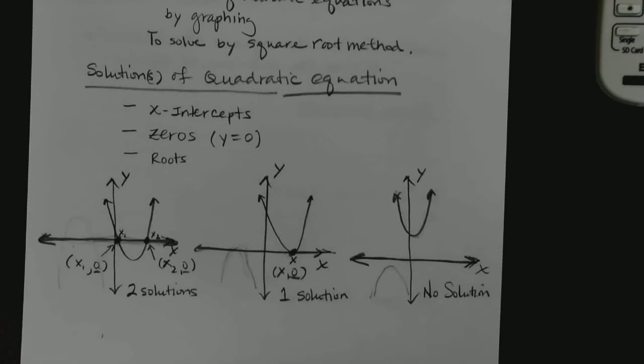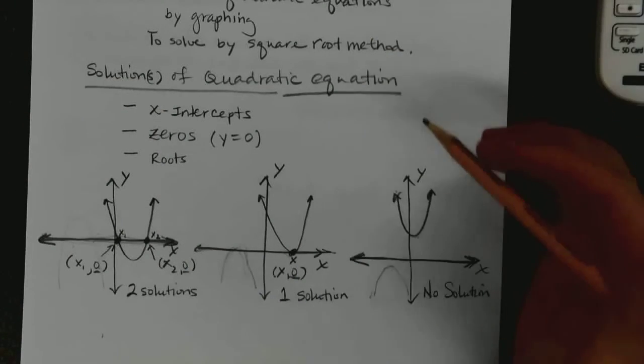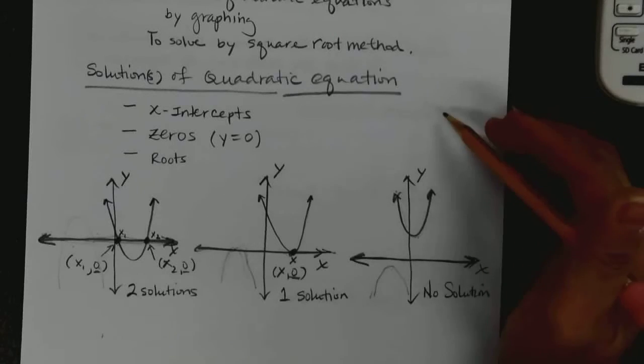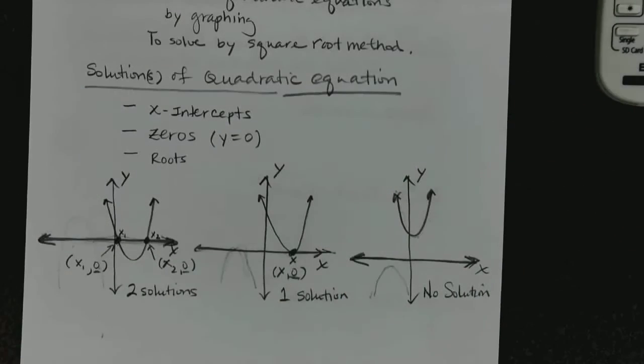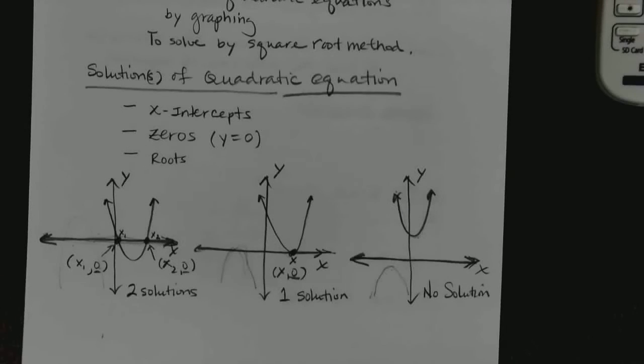Okay? So when I ask you to solve quadratic equations, you're looking for the x-intercept. So when I give you an equation, you set y equal to 0 and you solve for x. That's what you're going to be doing today. Okay, so any questions with this? Does everybody know when it's 2, 1, and 0 solutions?